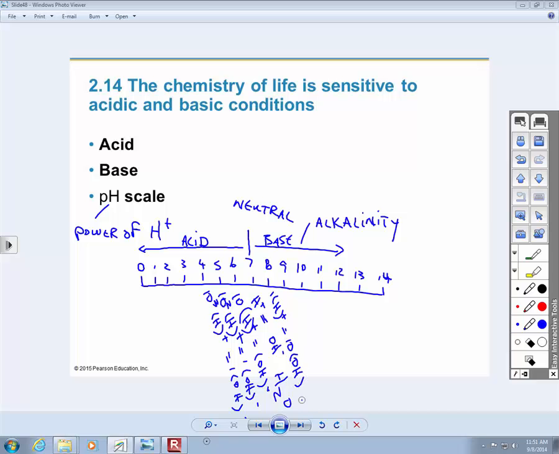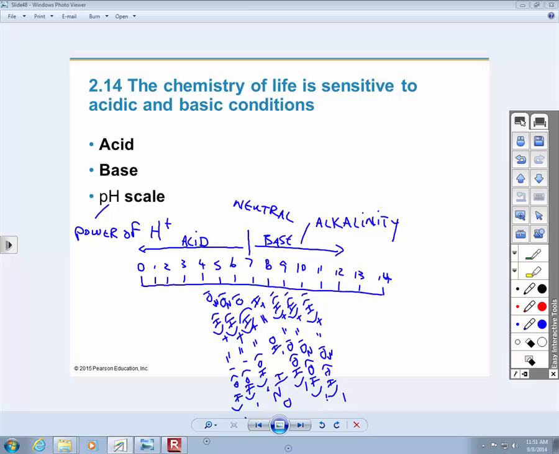I have 10 times the base unit. At a pH of 9, I increase my base unit 10 more times, so one hydrogen and 10 to the power 2, which is 100 base units. At a pH of 10, I'd have one hydrogen to 1,000 base units.